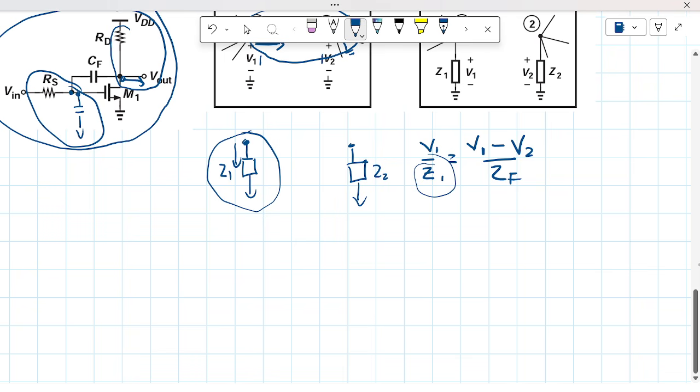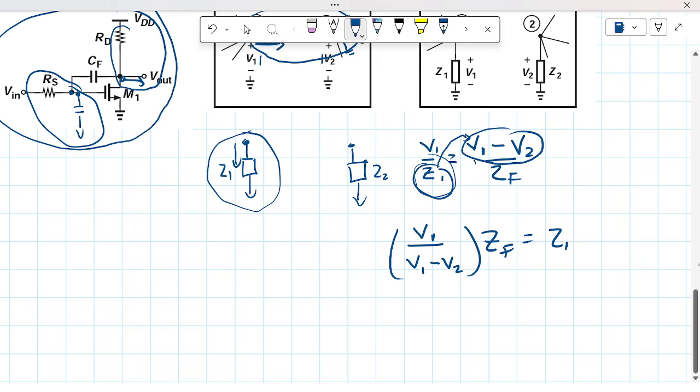In making Z1 the subject, we can rewrite the equation this way. V1 over V1 minus V2 all times ZF will be equal to Z1. So all I did was change the position of Z1 in this numerator, and I multiplied both sides by ZF.